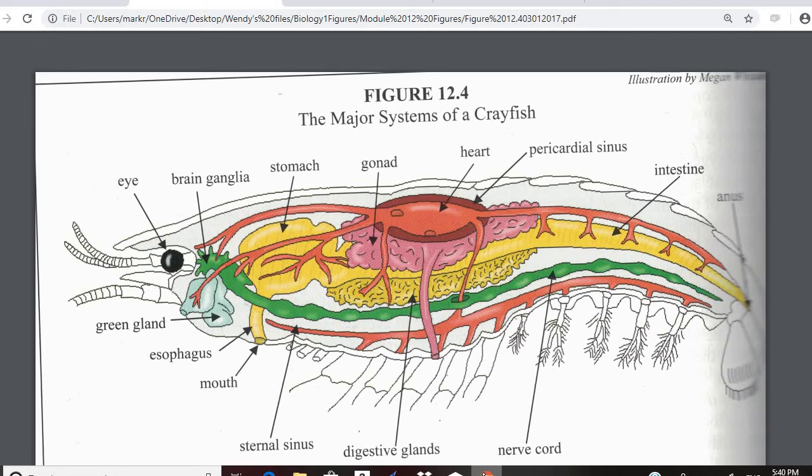Up near the eye, you see the brain ganglia. And as you look at that green cord, you can see that all along the way there are these bundles of nerve tissue that are called ganglia, so that the animal gets sensory information all along its body.